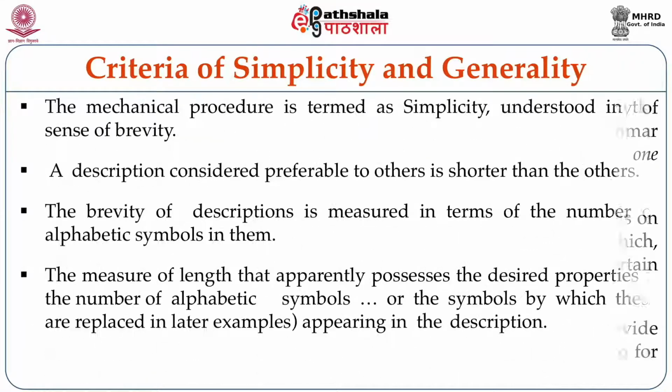For example, if we look at the two rules given above, that is, a rule which makes use of words in one versus a rule which makes use of simply the symbols in two. If we count the number of symbols used in them, then we find that rule 2 is simpler than rule 1.